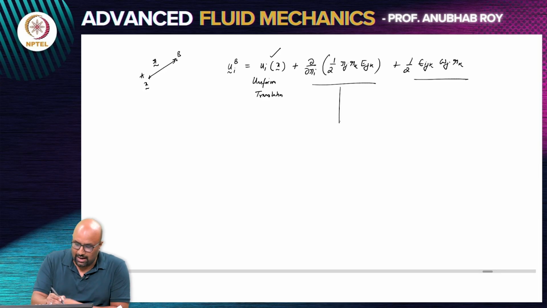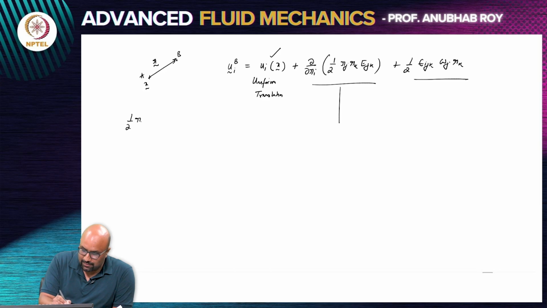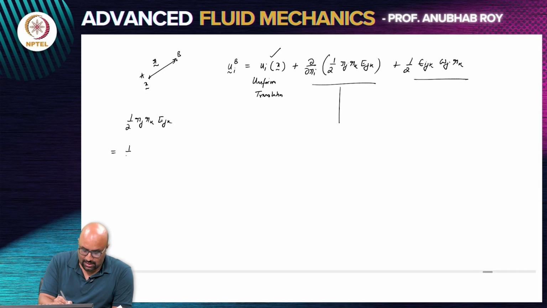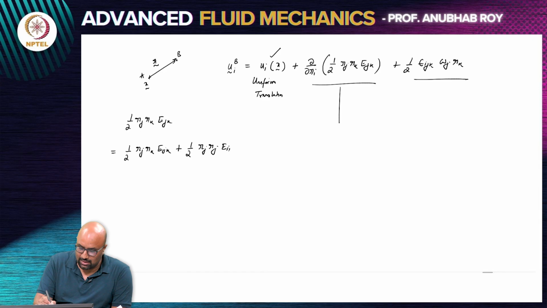Now what I will do here, I will just take this a little further and write this R_j R_k epsilon_jk. I could write this as half R_j R_k epsilon_jk plus half R_j R_j epsilon_ii minus half R_j R_j epsilon_ii.